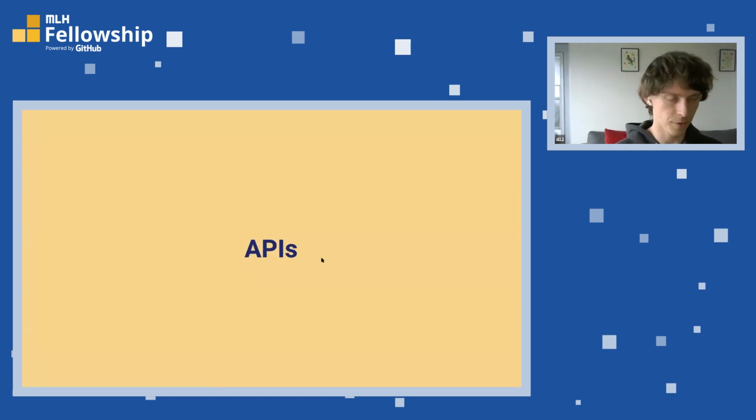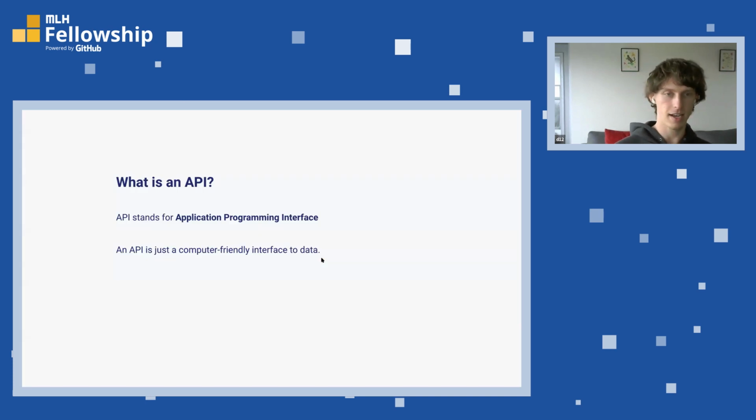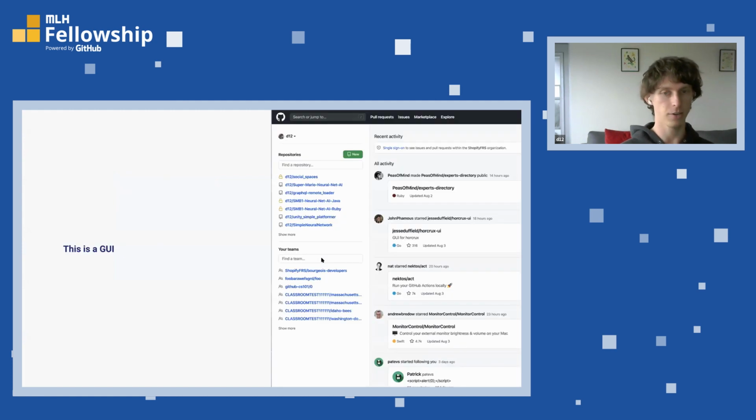Okay, cool. No worries. So we'll talk a little bit about APIs to start, REST APIs. So what is an API? API stands for Application Programming Interface. The way that I like to think about it, an API is just a computer-friendly interface to data. We have interfaces to data that are friendly to humans, like a graphical user interface. This is what you see when you look at a website, or you're using a desktop app, or your phone.